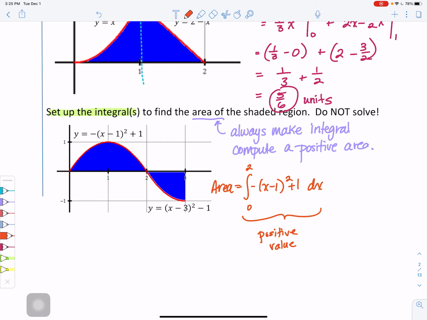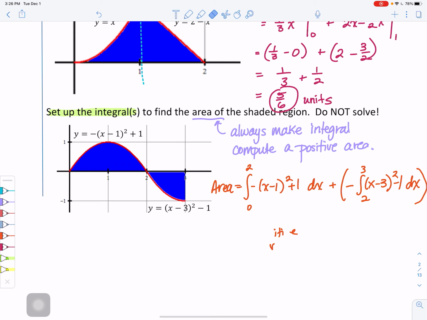So we are going to add the opposite of the integral from 2 to 3 of x minus 3 squared minus 1 dx. And the reason why we did this is now going to also be a positive value because the integral would be negative. So let me take these off and we'll simplify this.